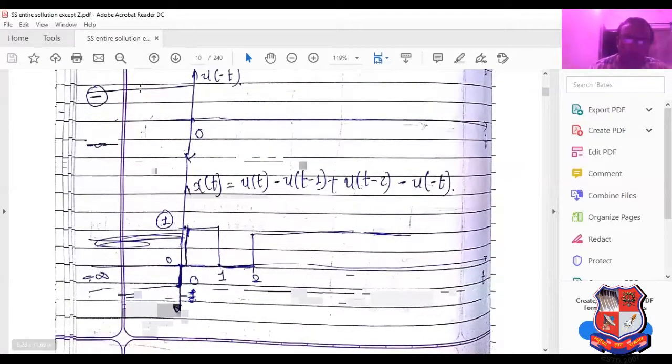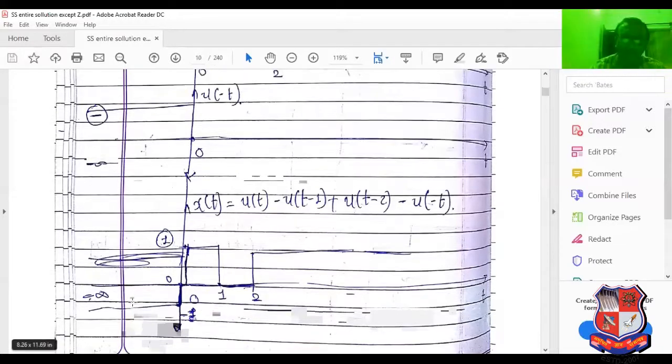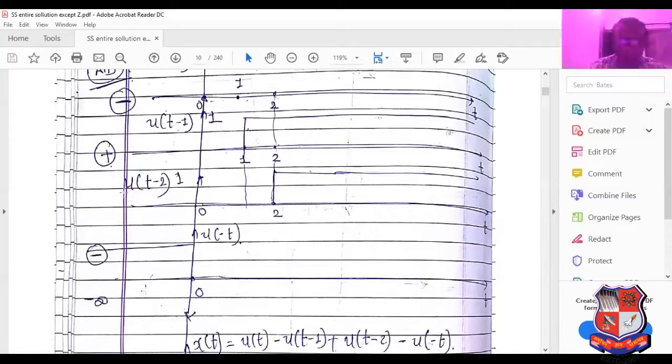And here, due to the presence of u of minus t, the negative value of u of minus t starts at minus infinity to 0, amplitude is minus 1. See here, amplitude is 0 for this region. I have marked it with a circle. Here amplitude is 0 for this region, but here amplitude is present, which is known as 1.